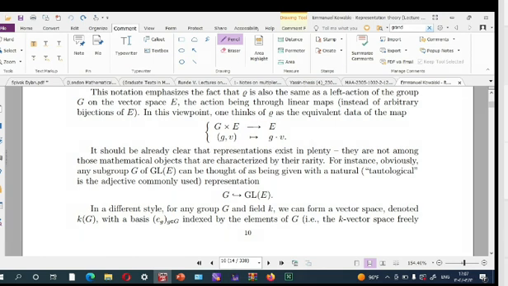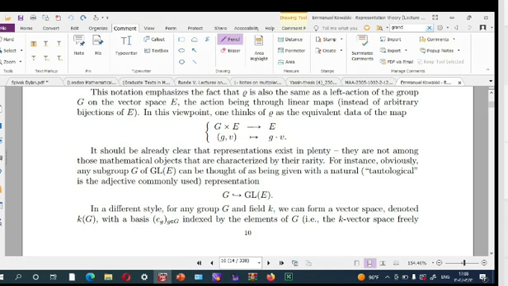Any representation on G leads to an embedding from G to GL of E.